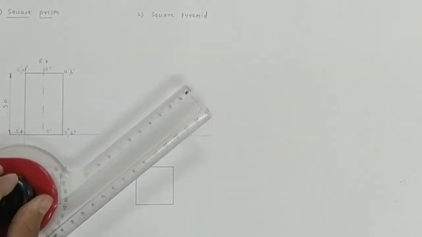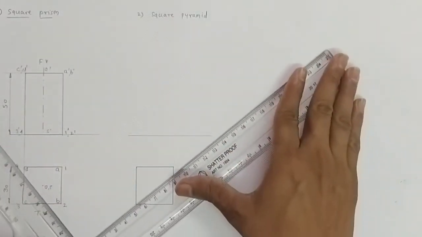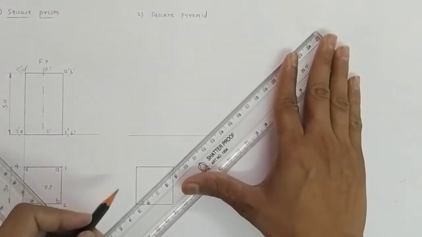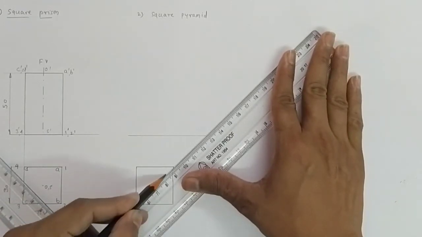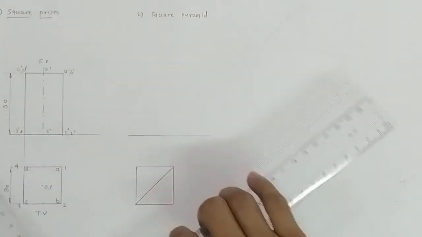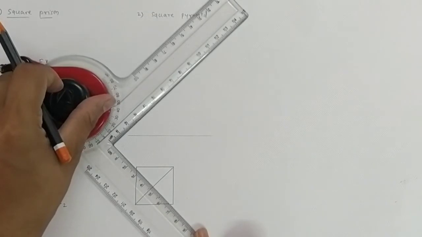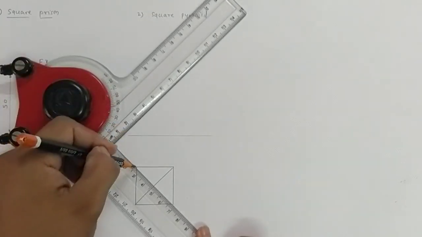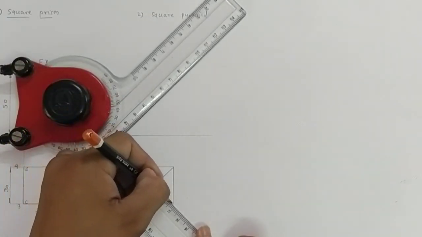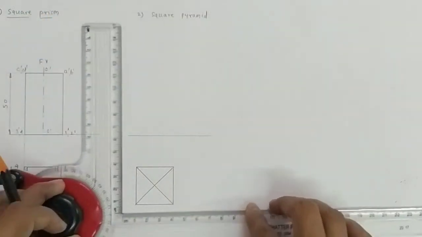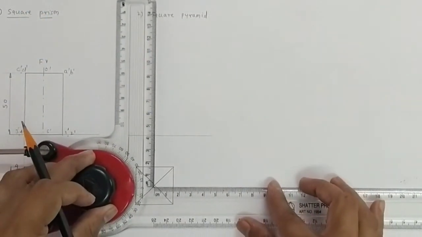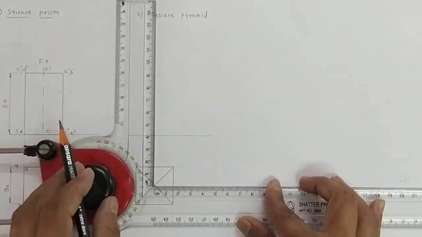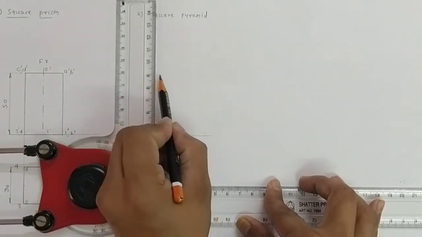Now in the pyramid, in the top view, you will get the triangular surfaces. So join the lines inside the square. After that, the axis is given. Axis is 50 mm.